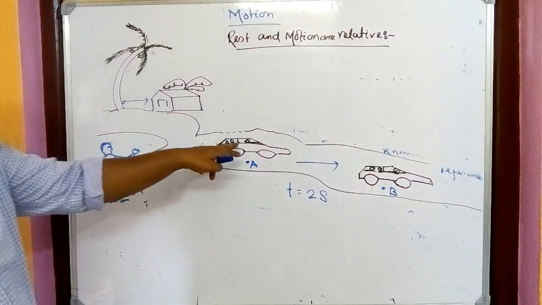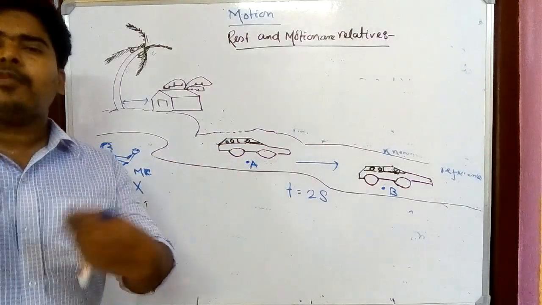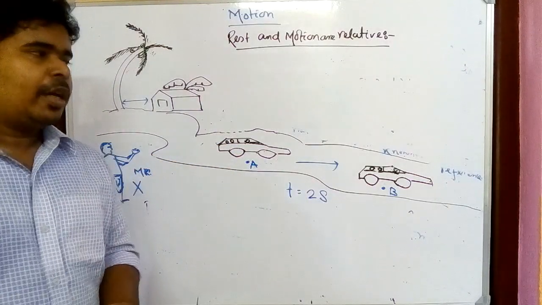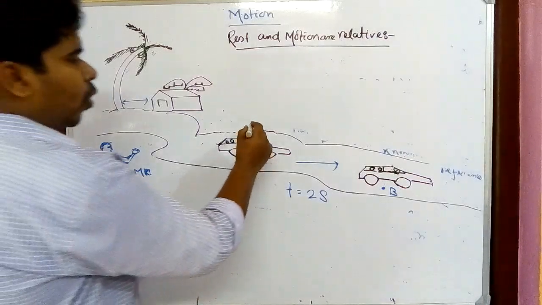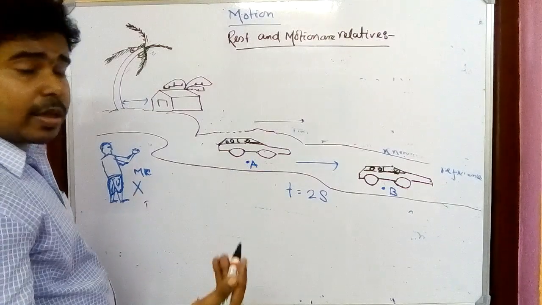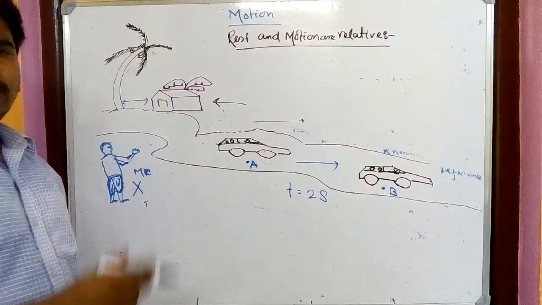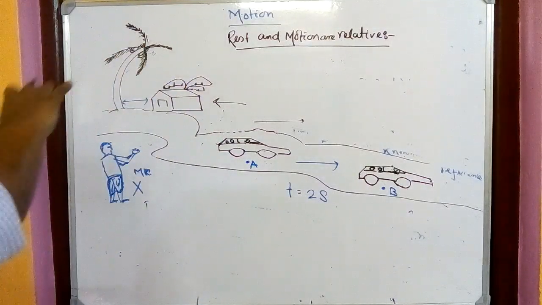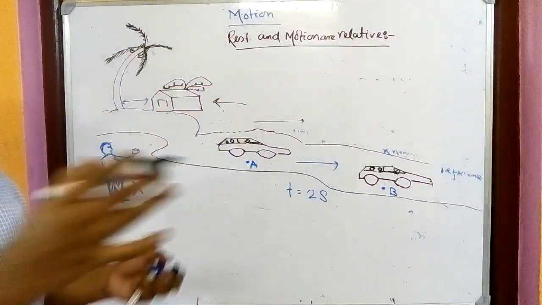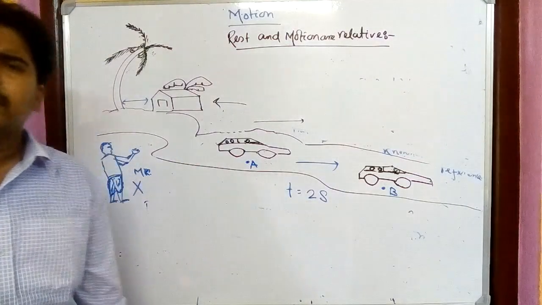But if I'm talking with respect to a person sitting in the car, whenever you have gone by bus or by train, you have seen that when you move forward, the trees, the houses seem to be moving backward. You are moving forward, and the trees, the houses, any other thing beside the road, they seem to be moving backward. Are they really moving?